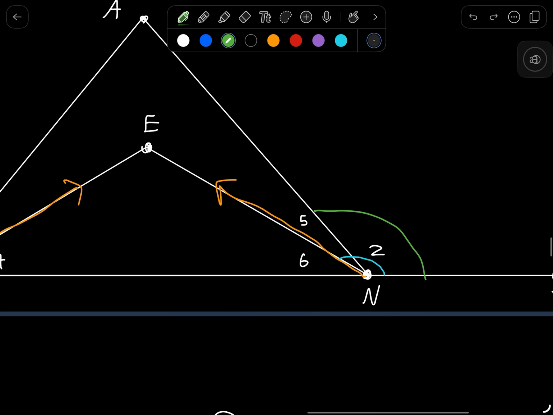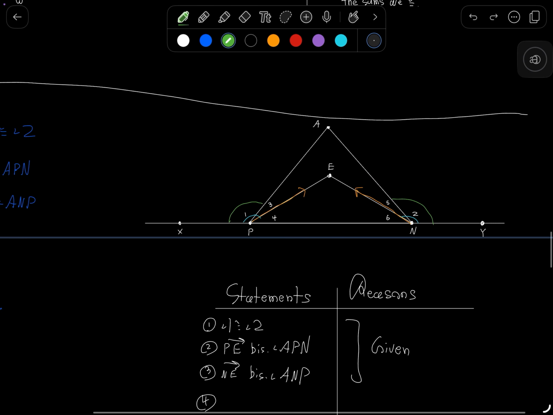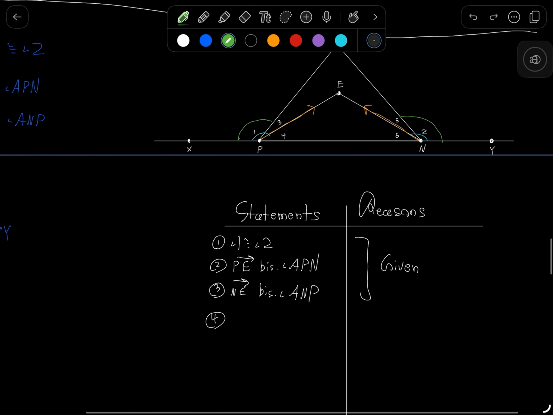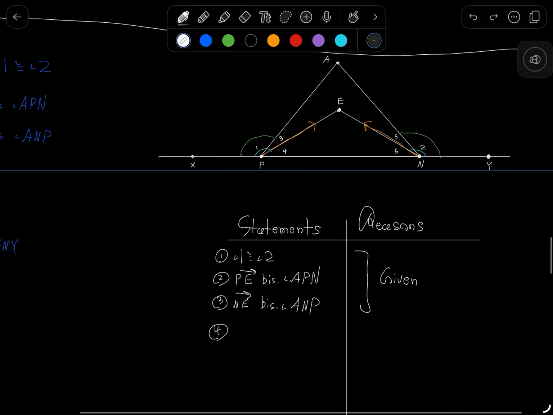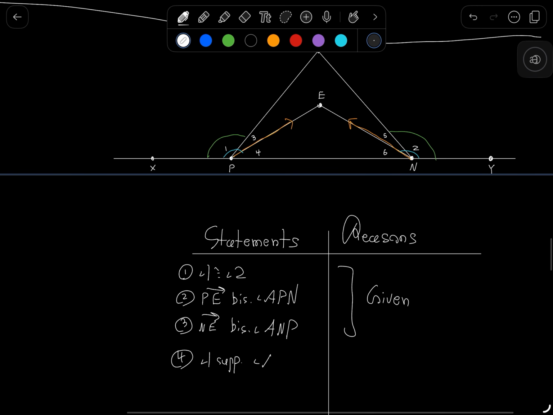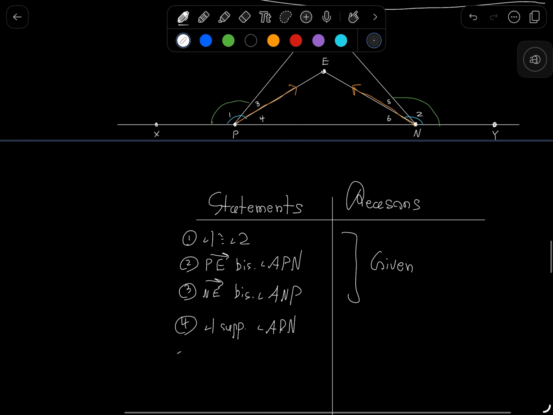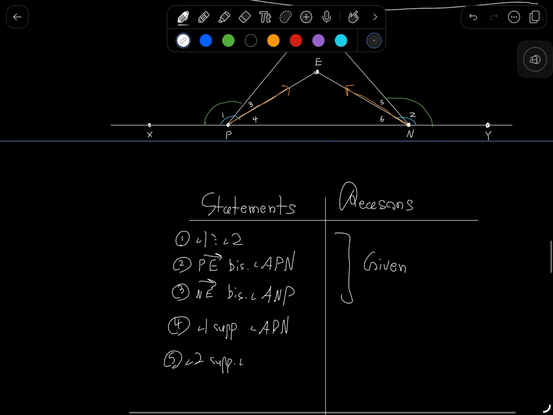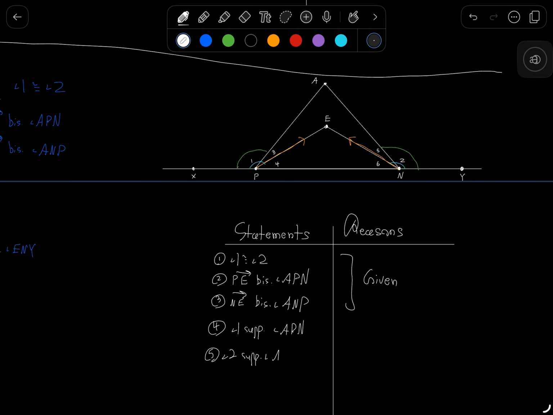And this one here is supplementary to angle 2. So once again, I would make the following step and say that angle 1 is supplementary to angle APN, and angle 2 is supplementary to angle ANP.